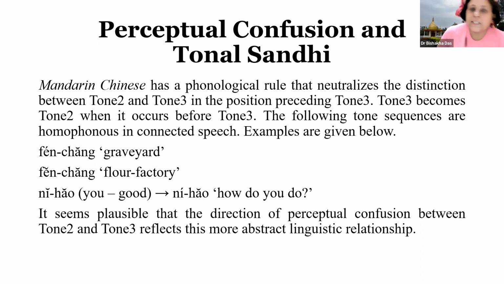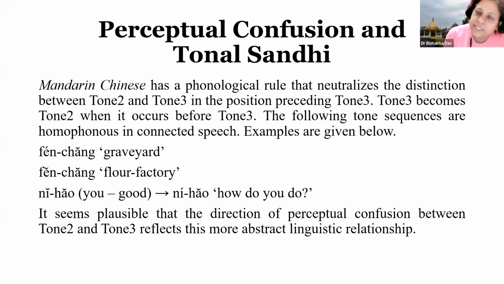Now, friends, just to remind you, tone 2 in Mandarin is high rising pitch, ma, and tone 3 is low dipping pitch, which is also rising, but falling and rising. So it is ma.